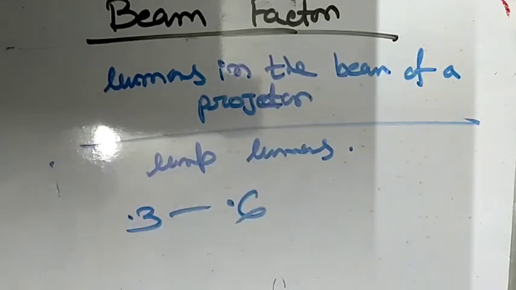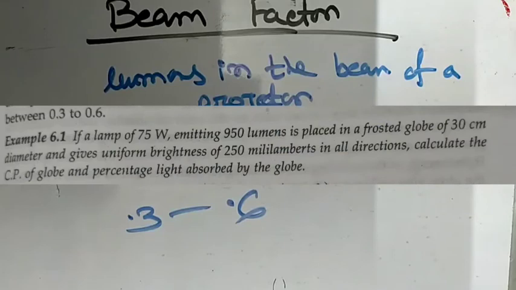Next is a problem. Now if a lamp of 75 watt emitting 950 lumens is placed in a frosted globe of 30 cm diameter and gives uniform brightness of 250 milliamperes in all direction, calculate the CP, that is candle power of globe, and percentage light absorbed by the globe.